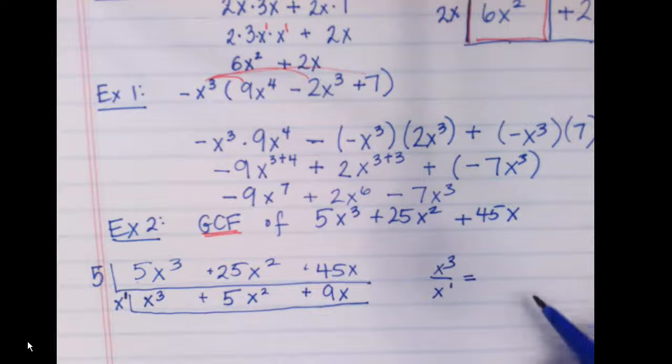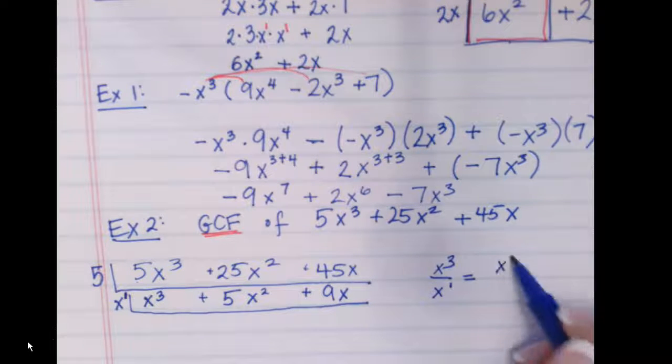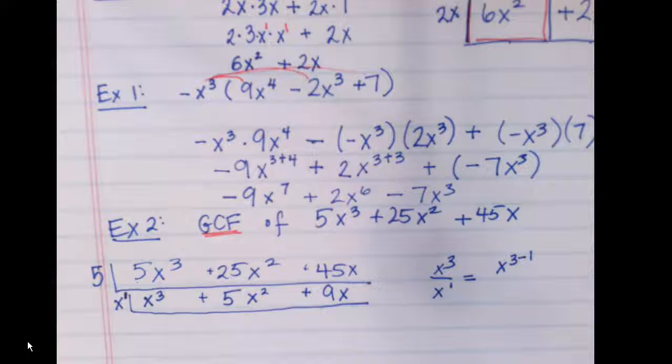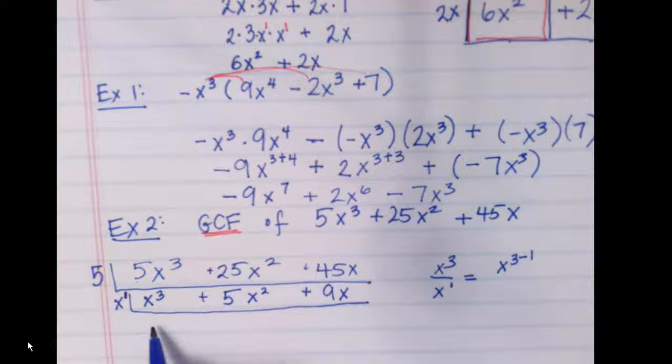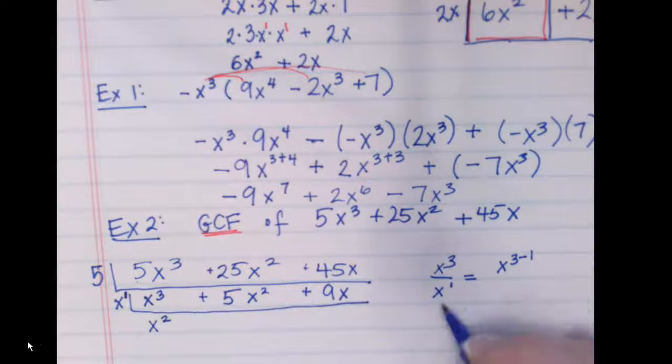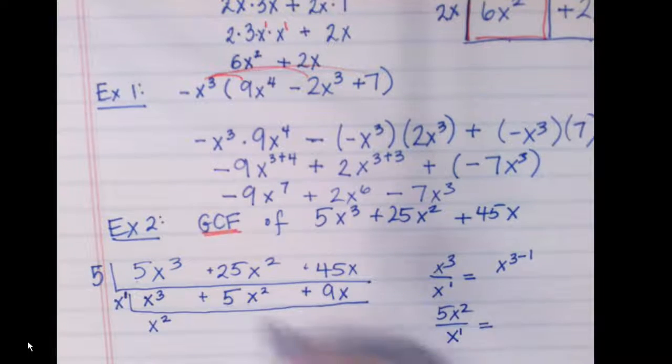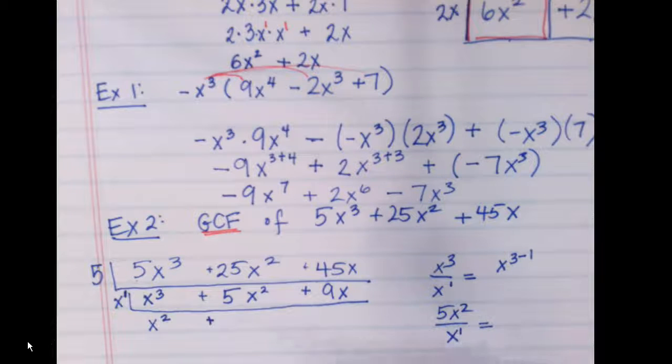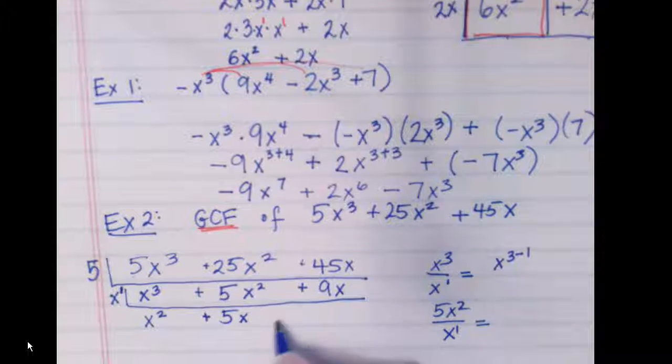I really hope that you'll get to where you can complete that in your head and know that rule. This one divided by this one, the rule is you subtract the exponents, so you end up with x squared. And then right here we'll do 5x squared divided by x to the first, and we get 5 divided by 1 is 5, and x to the 2 minus 1, or x to the first power.